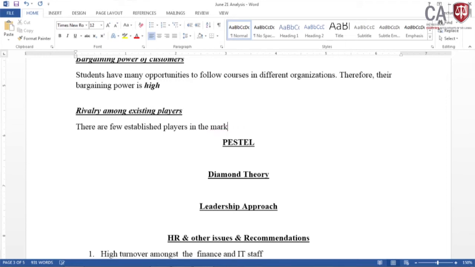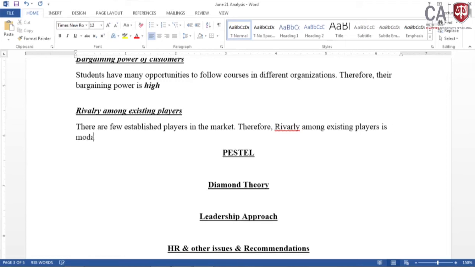I will say it is moderate, or medium. Therefore, rivalry among existing players is moderate.